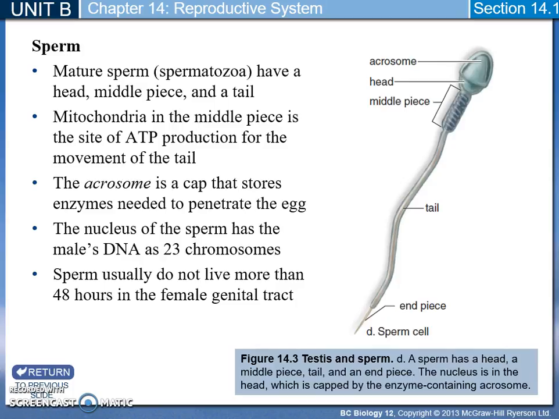The acrosome is a cap that stores the enzymes needed to penetrate the egg. The nucleus of the sperm has the male's DNA as 23 chromosomes. Sperm can live up to about 48 hours in the female genital tract. And of course, by nature of producing ATP and the movement of the tail, they can actually swim through fluid.